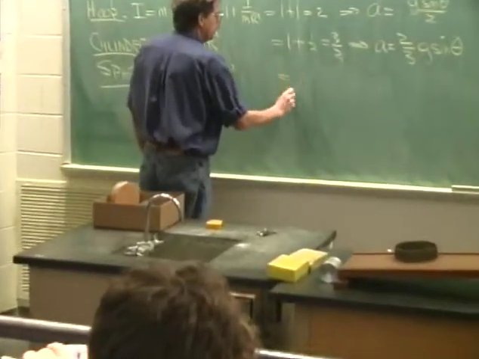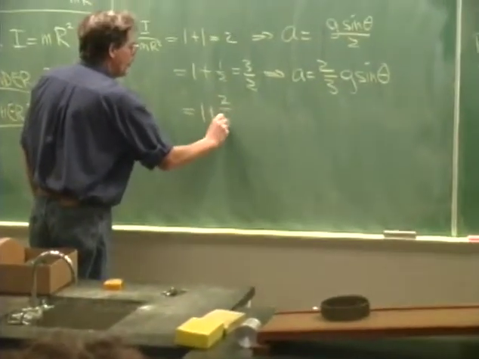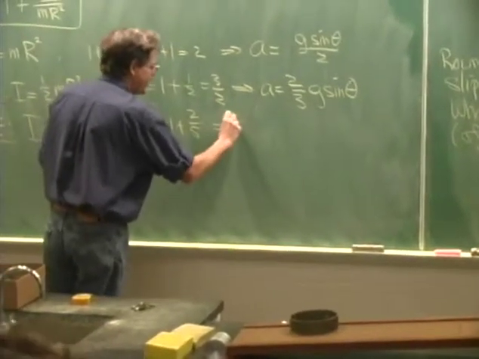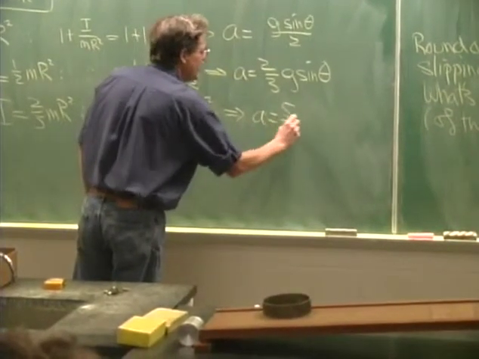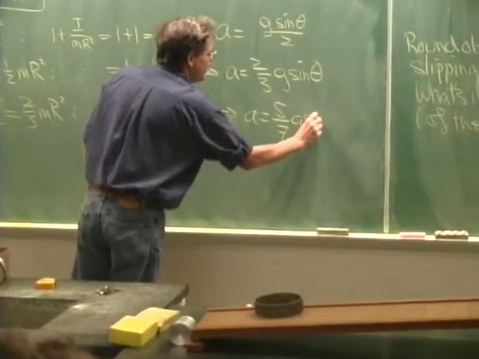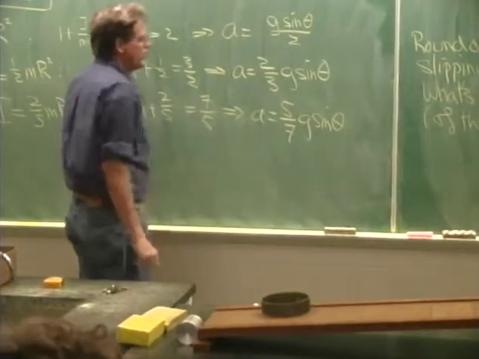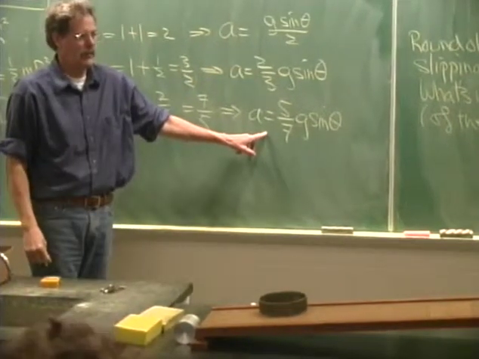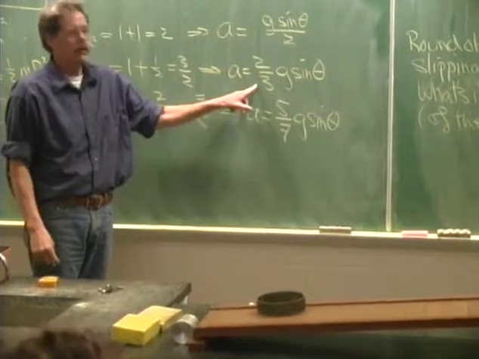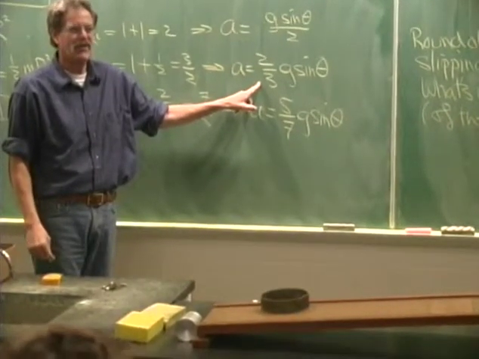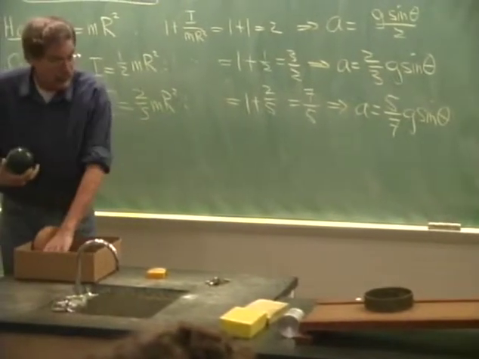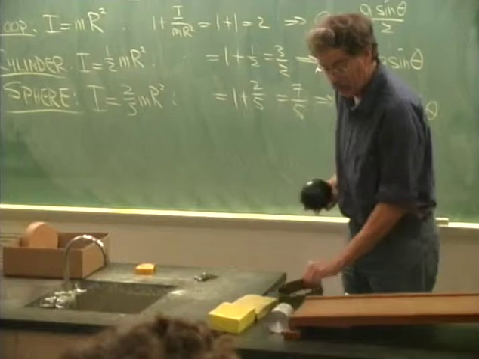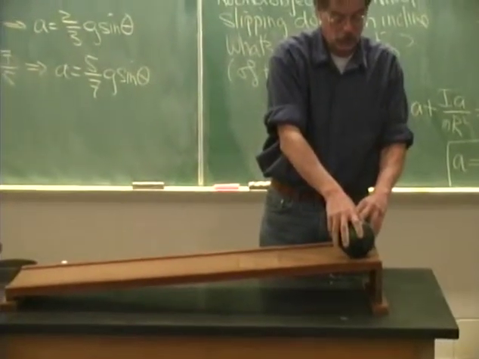So the factor here is 1 plus 2/5, which is 7/5, which means that a is equal to 5/7 g sine theta. 5/7 is a little bit bigger than 2/3. Yes, it is. Check it out. Put it on your calculator. A sphere is going to roll faster even than that cylinder does, and a whole lot faster than the hoop. So, sphere is supposed to go faster.